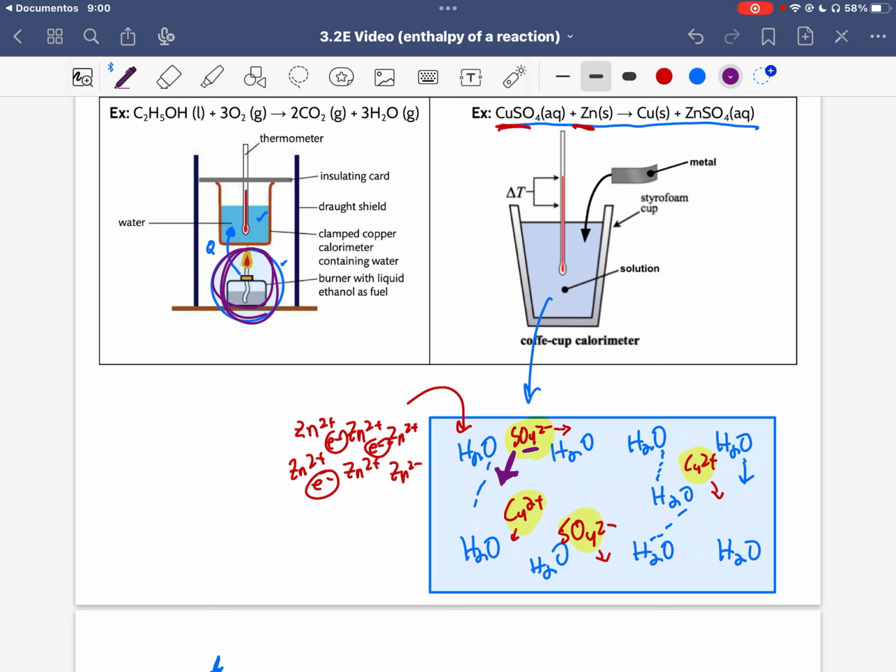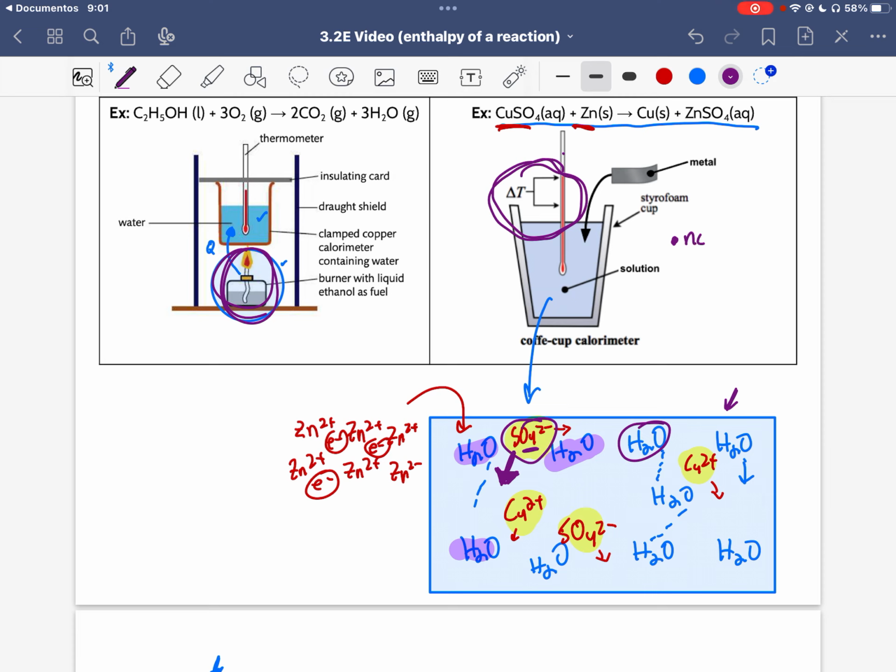Well, the stuff surrounding what's reacting is water molecules. So the reaction releases energy into the surrounding water molecules. I'm just going to measure the temperature change in my reaction. So this entire reaction container is going to get hotter because the things reacting release energy into the surrounding water, and then the whole reaction is going to get hotter.